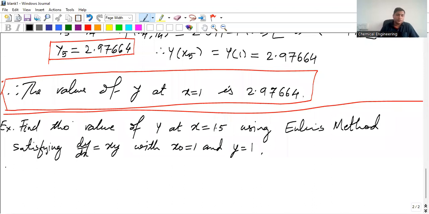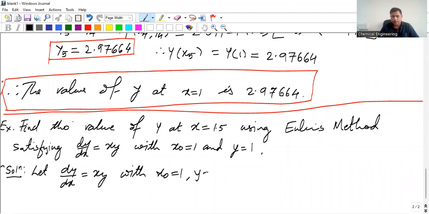Okay, so this is the given problem. What we have is dy by dx is equal to x into y, if x0 is equal to 1, y0 equal to 1, and x is equal to 1.5.